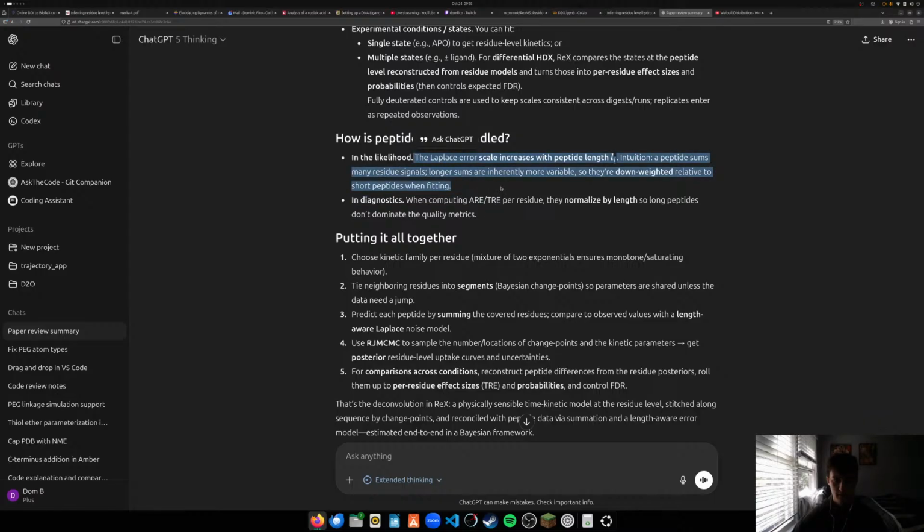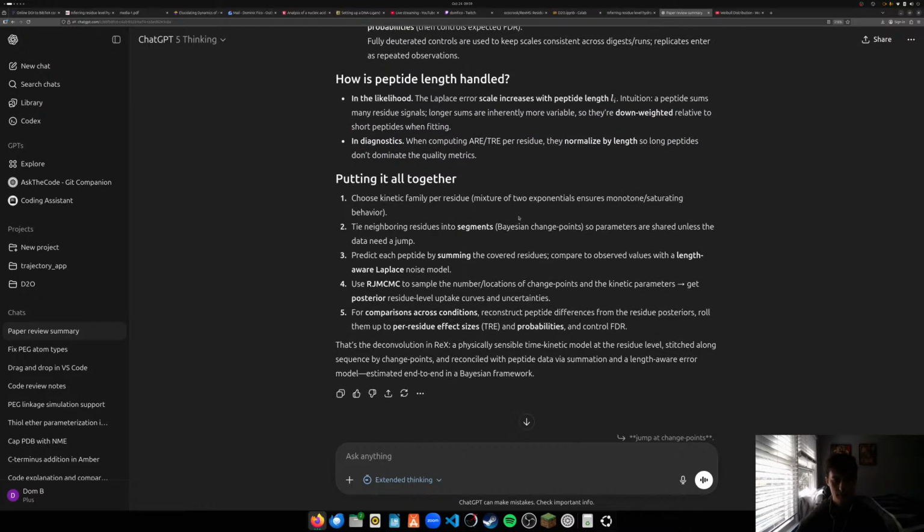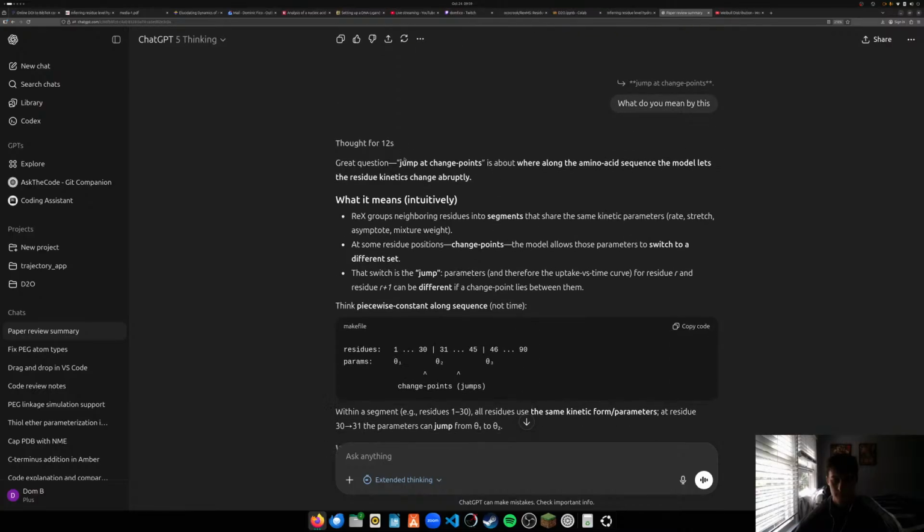The Laplace error scale increases with peptide length. It's about where along the sequence the model lets change points occur.